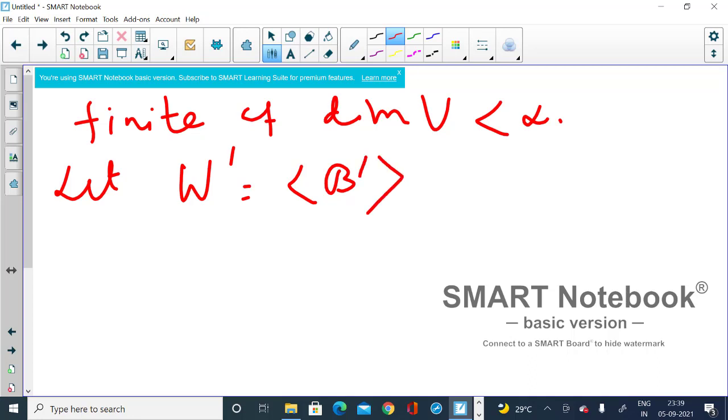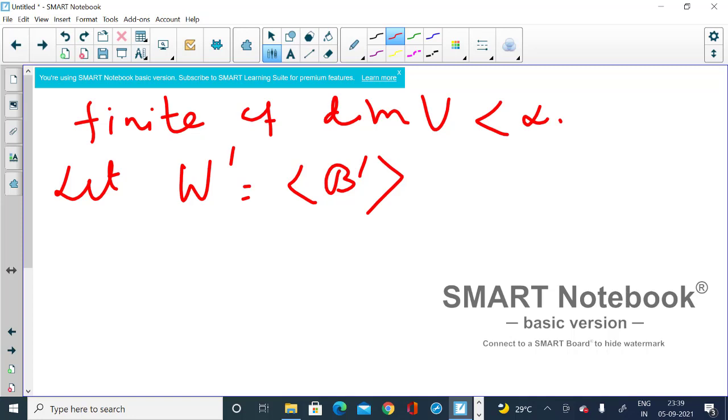Suppose W dash is the space spanned by B dash, because I chose the maximum j for which these vectors are linearly independent, and any linearly independent set, if you take the span of it, becomes a basis, right?